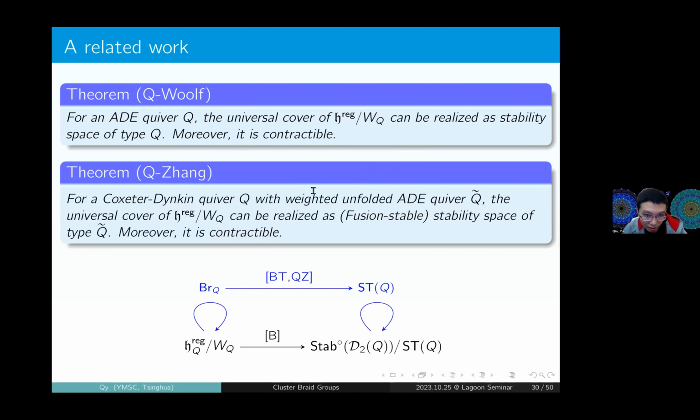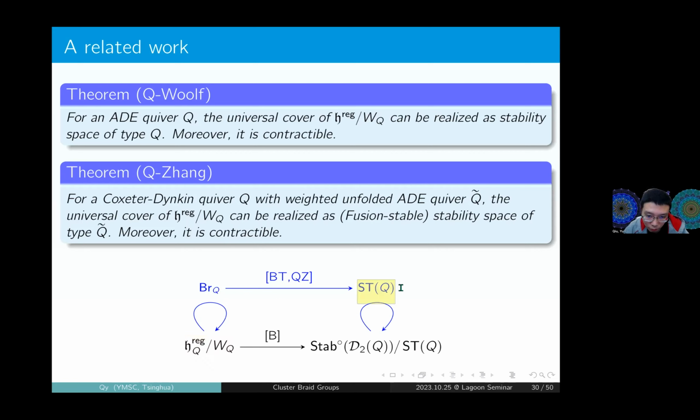And this is based on the work of Bridgeland, which shows that this space can be identified with the Calabi-Yau-2 category associated with the corresponding quiver, where you take the space of stability conditions there and quotient by the Seidel-Thomas spherical twist.